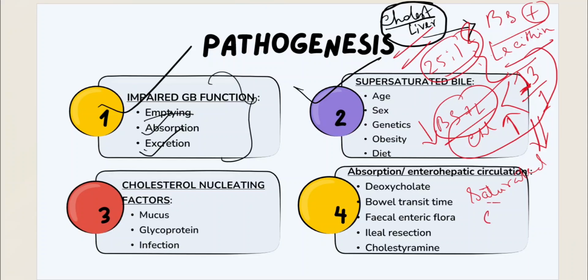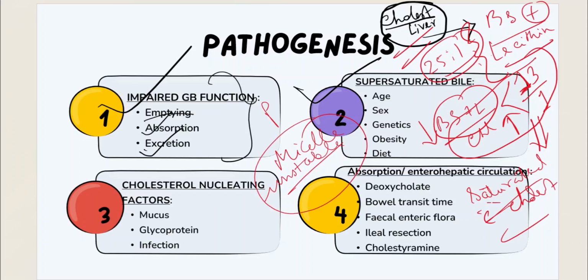Then what happens? The cholesterol crystals will form unstable micelles, because as the concentration of bile salt has reduced, the micelles that are formed are unstable, leading to precipitation of the crystals of cholesterol, and ultimately it will form a monohydrate crystal and gradually gallstone formation.